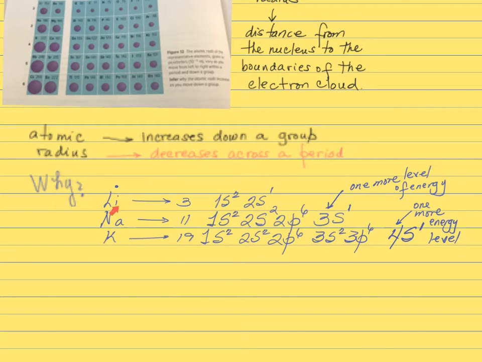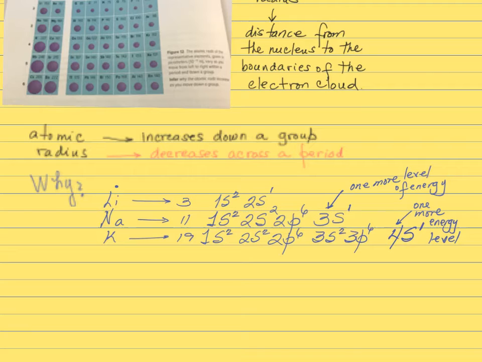So if you use this point over here as the reference for the nucleus, when you look all the way through the last level of energy, as you are going down a group, what's gonna happen with that distance is going to increase.